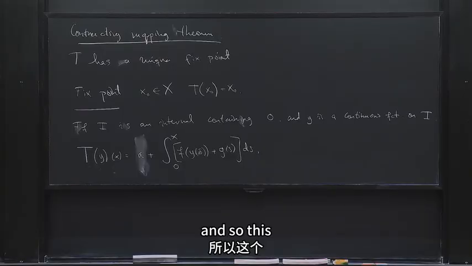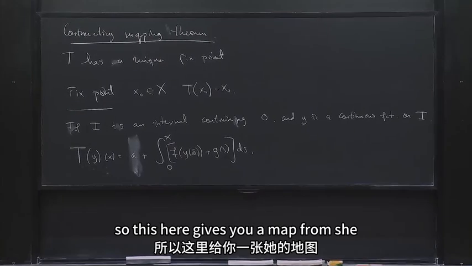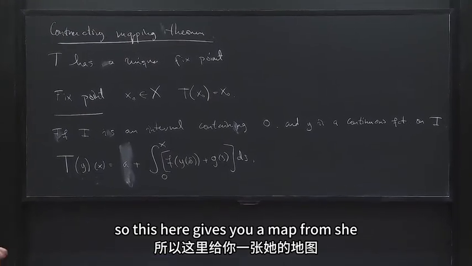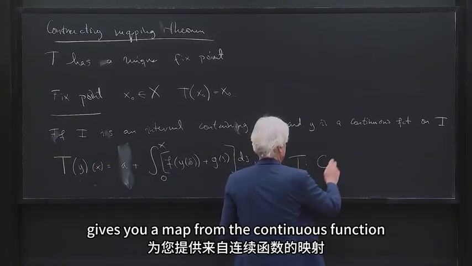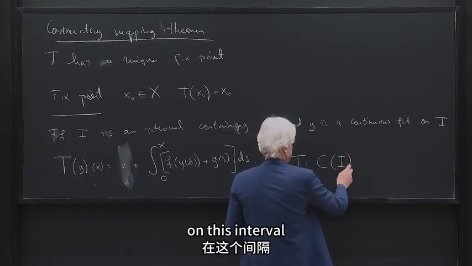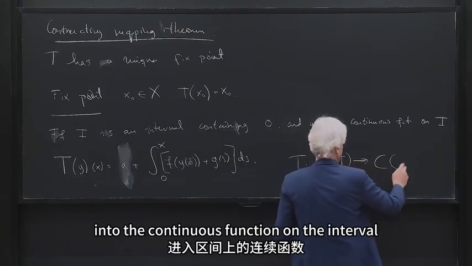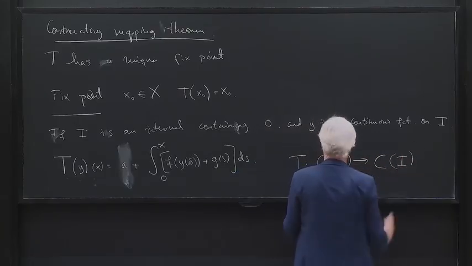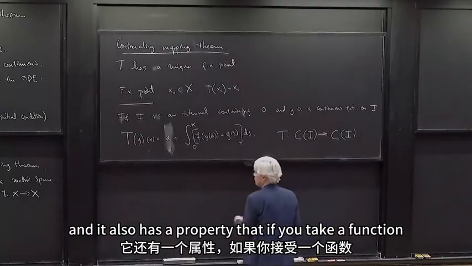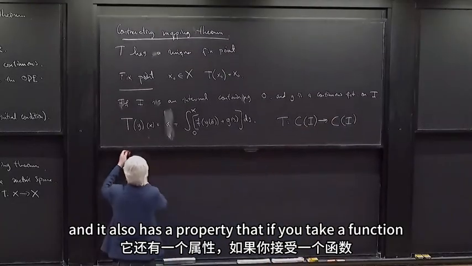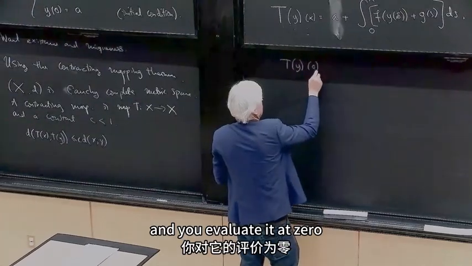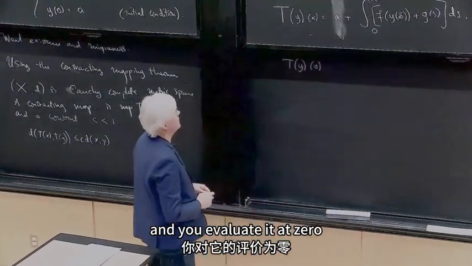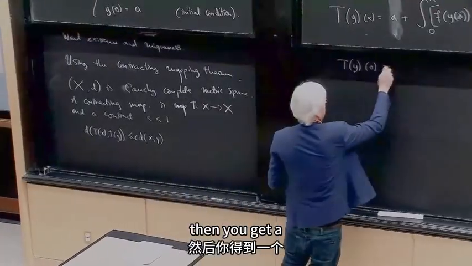This gives you a map T from the continuous functions on this interval into the continuous functions on the interval. It also has the property that if you take a function and evaluate it at 0, you get a.